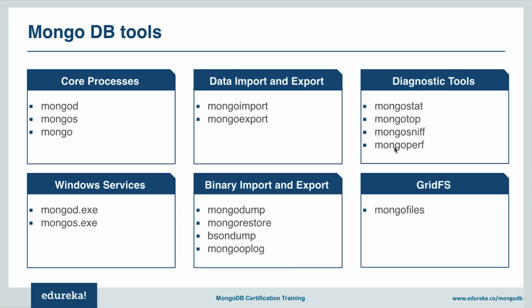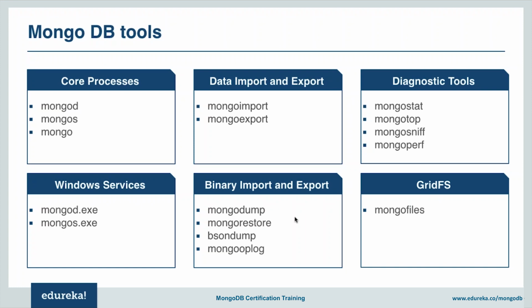The diagnostics tools are Mongo stat, Mongo top, Mongo sniff, or the performance tools. They are primarily used for monitoring and performance tuning, to get a health check of the instances and to understand how the instances really look. That's what these tools will help us in.